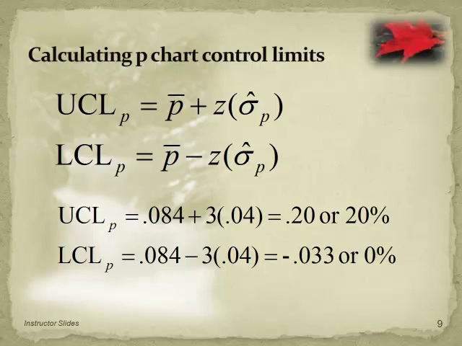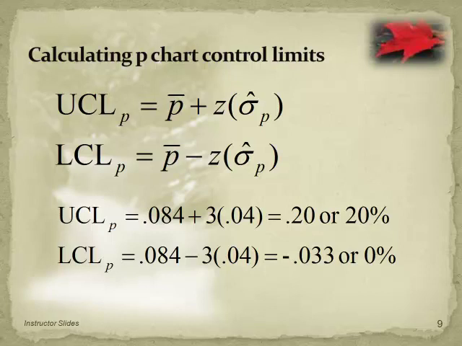So let's remember what we're trying to do here. A p chart is the percent defective. Is it possible to have a percentage defective that is a negative number? That's infeasible.